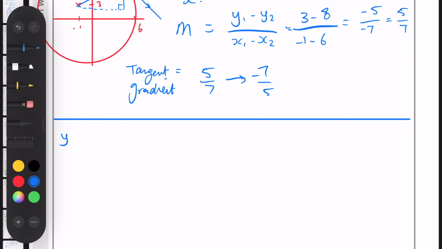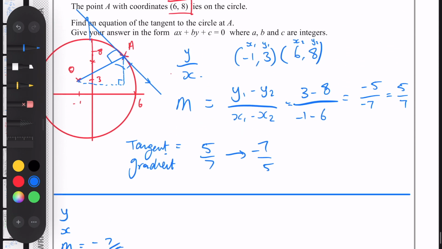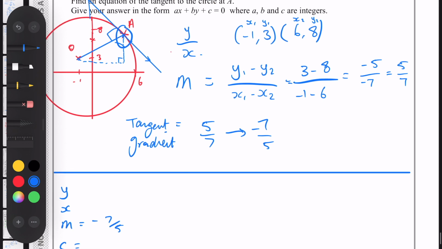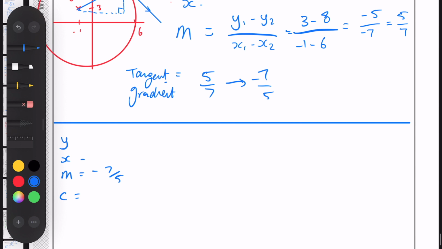We need the y coordinate, the x coordinate. We've got m, which is -7/5, and then we need our y-axis intercept, which is c. We take the coordinate that it goes through A, which is 6, 8. 6 is the x coordinate, and 8 is the y coordinate. And then the c is the one we don't know. And we plug it into the equation y equals mx plus c.